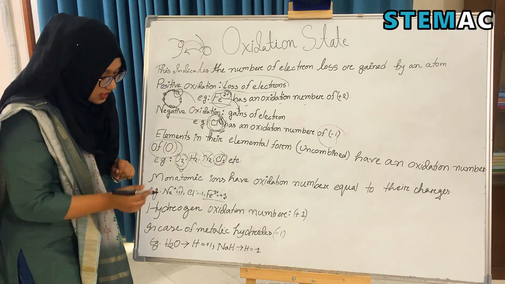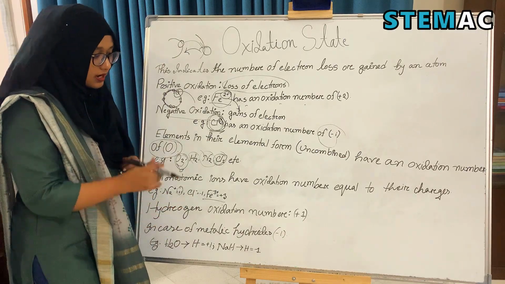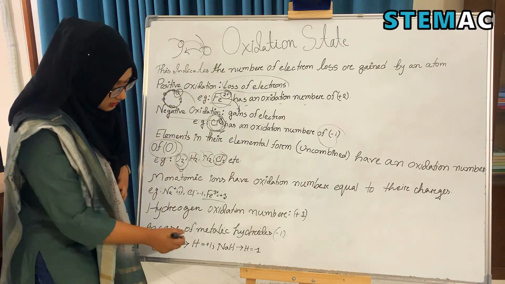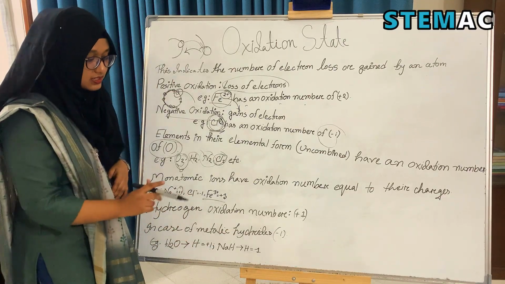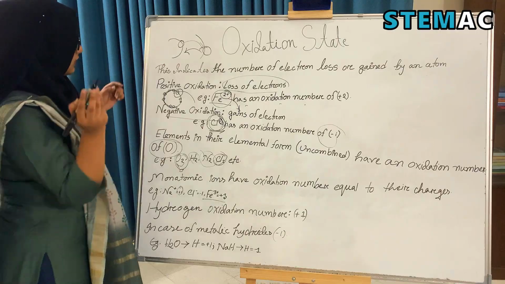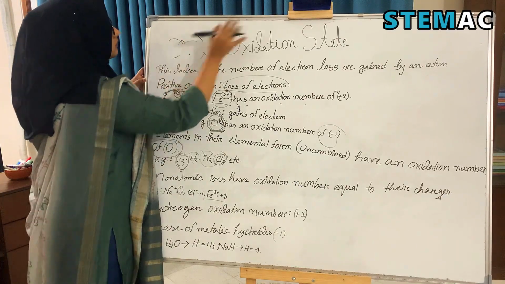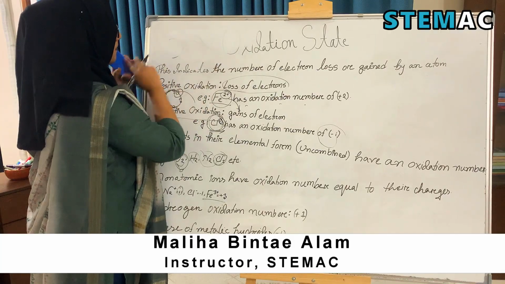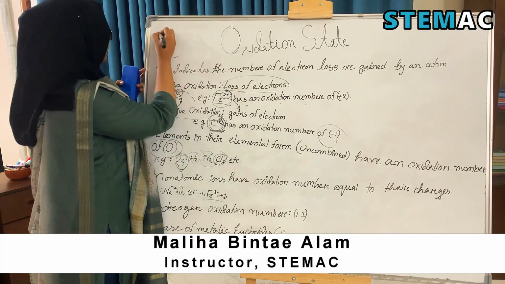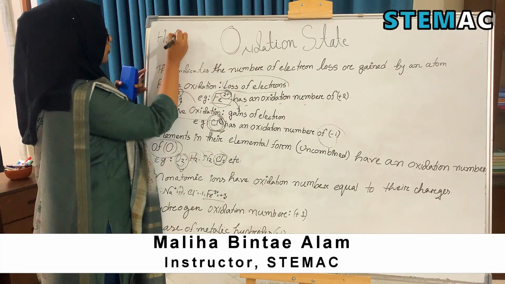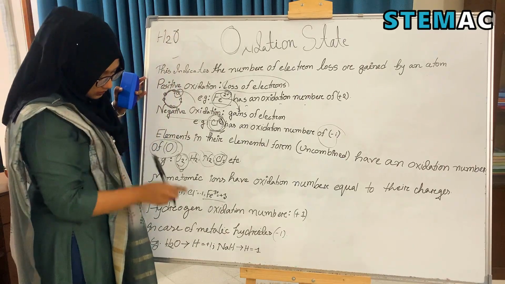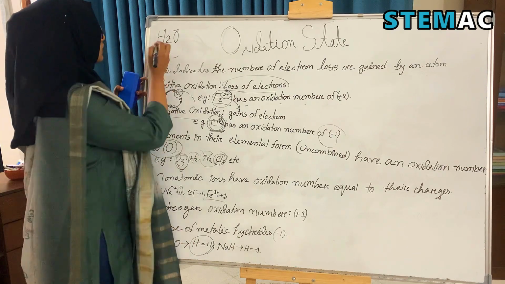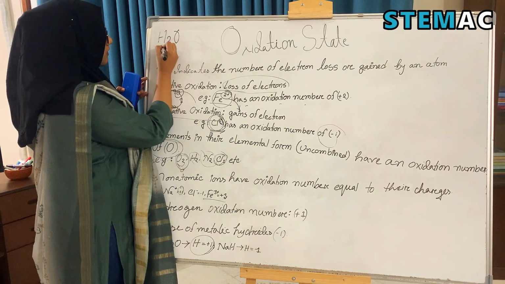Next, hydrogen normally has an oxidation number of +1, but in a metallic hydride it has -1. Look at H2O.